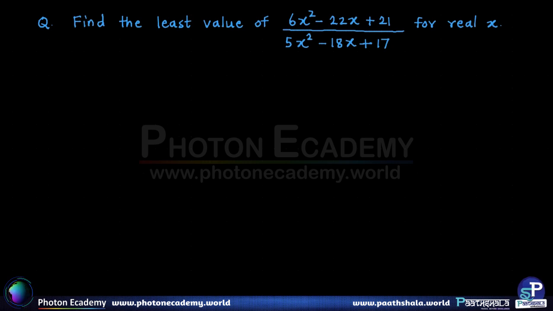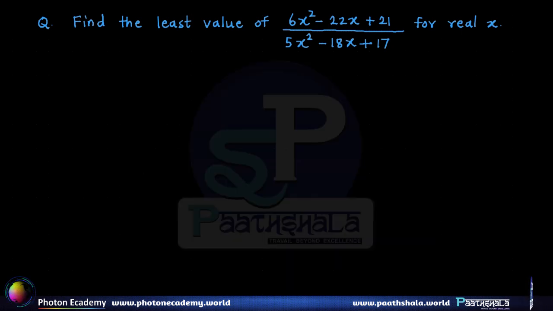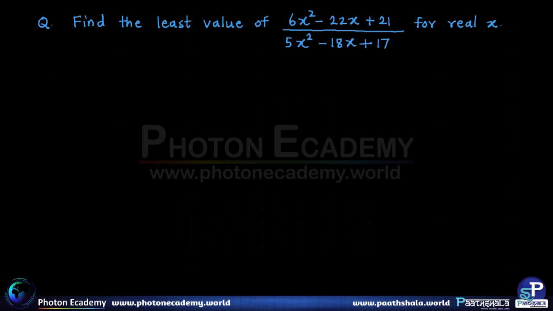Now let's go to the next question, which says find the least value of this particular expression for real x. That is, if x is real, then what would be the least value of this expression? So this is where we write the given expression to be equal to, say, y.